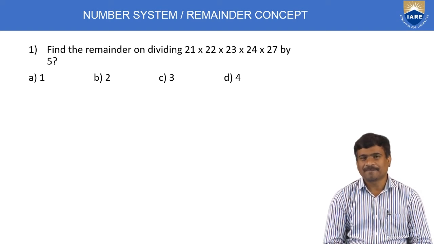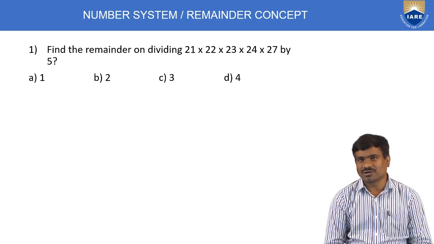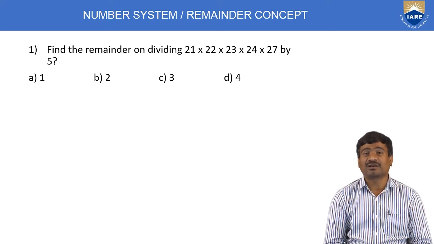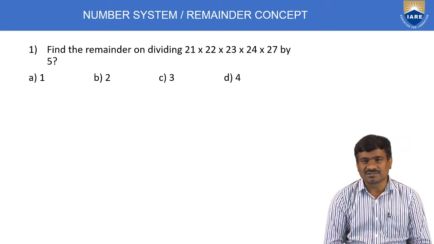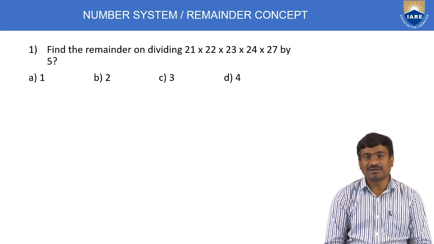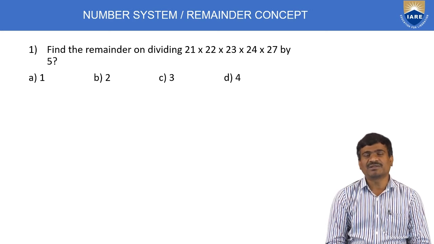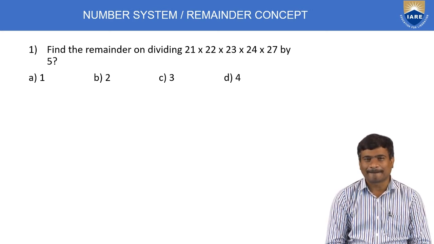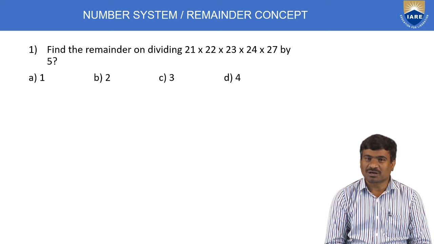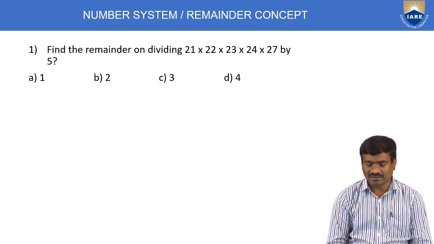General method: first you apply the operator, 21 into 22 into 23 into 24 into 27, calculate that solution, divide by 5, and the remainder is the answer. That method is only possible using a calculator. The general method is lengthy and complex. Using the shortcut method of remainder is the easy method.